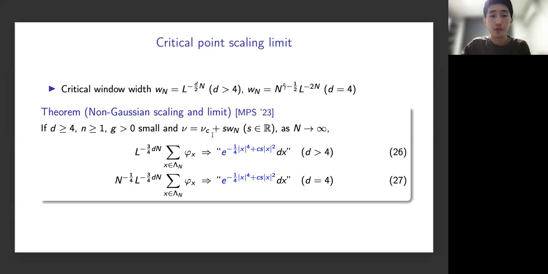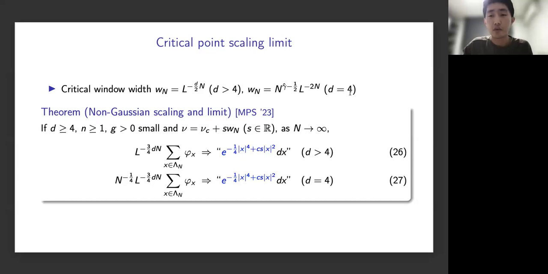We have also looked at the critical window. The critical window is simply the range of nu's in a finite volume where the system shows critical behavior. For dimension greater than 4, the size of the window is given by L to the -d/2 n.